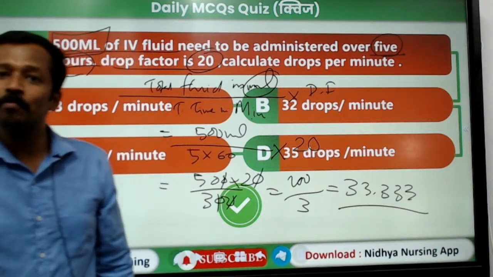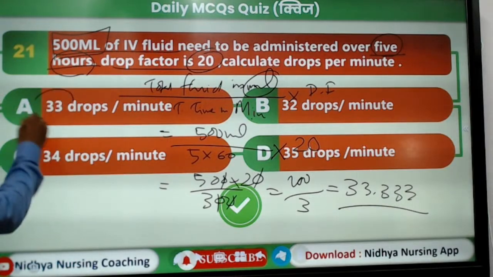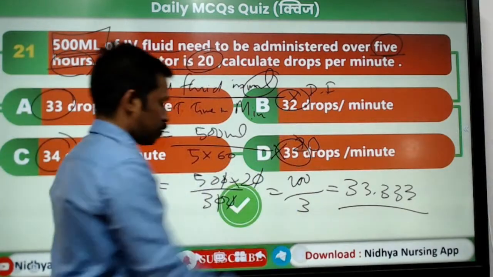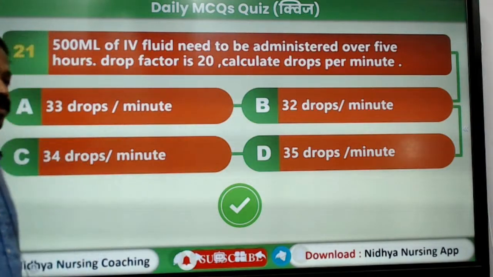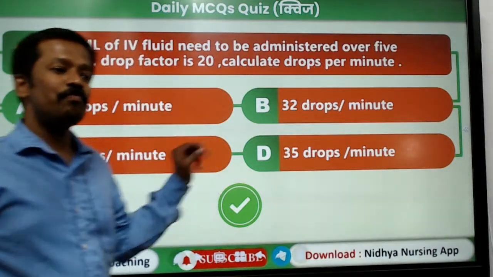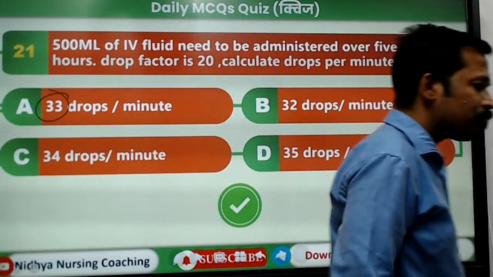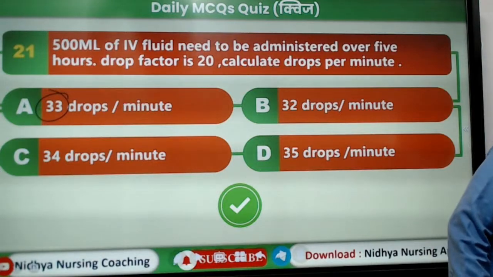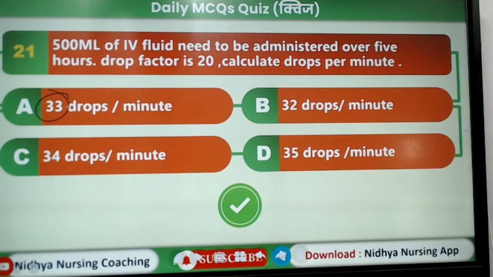So what is the answer? 33 drops, 32 drops, 34 drops, 35 drops. How much should we give? 33.33, so we should give 33 drops. Got it? Yes, next one. So what is the answer? 33.